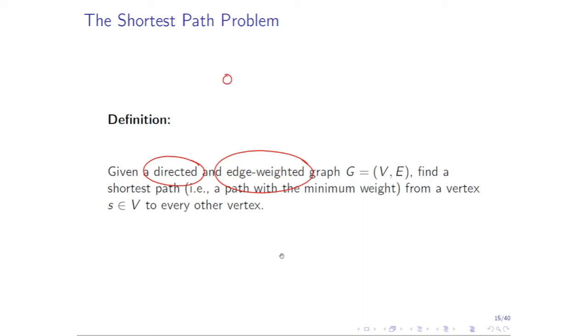Every edge is a directed edge, which tells us if we can get from this vertex to this vertex directly. There is also a number associated with every edge, which we can think of as the length of that edge.